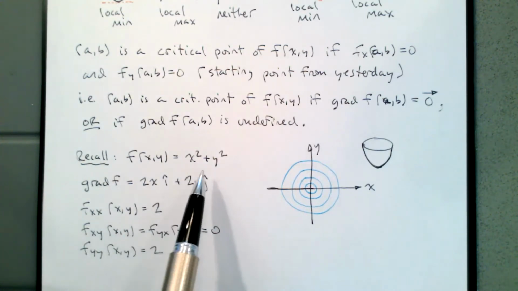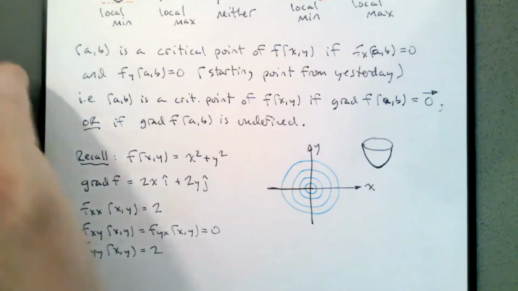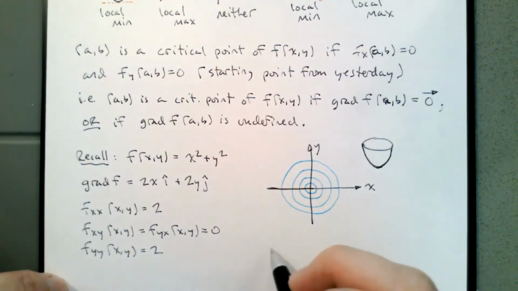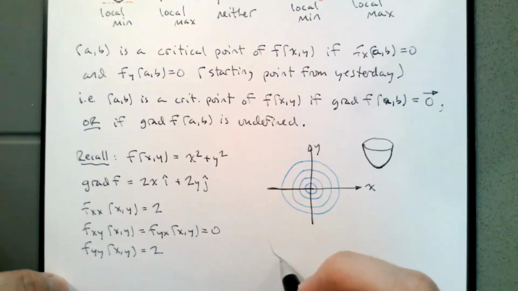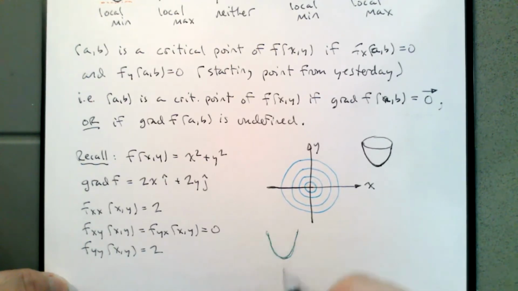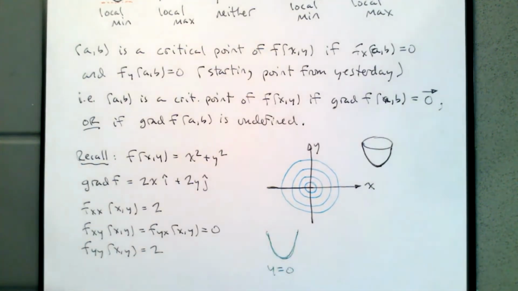And if we look at just the x, if we look from the side, we know we get parabolas. So we know we have a parabola when y equals 0. Well, on the xz plane, we got this parabola when y equals 0.